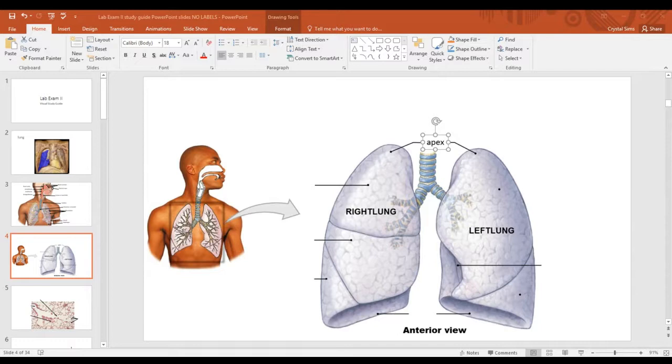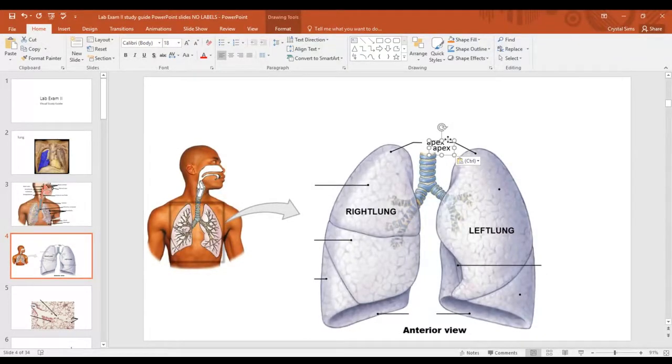So on the right side, we have the nasal conchae, external nares, the larynx or vocal folds there, the trachea, the bronchus or bronchi for plural. I'm not sure exactly how it's worded on the test. And we have the bronchioles, which are those terminal structures. And then we have the alveoli, which really aren't shown on this diagram, but will be on the test. And then we have the diaphragm there.